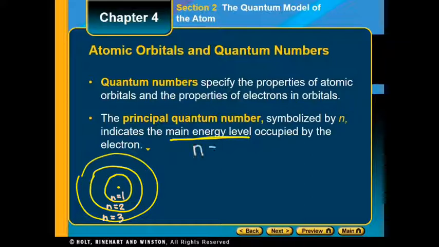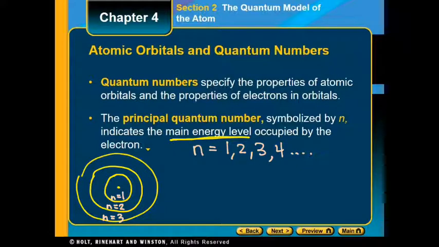So n can be a whole number starting with 1, 2, 3, 4, and so on. The lowest energy level and the lowest amount of energy associated with it is that energy level 1, located closest to the nucleus. And electrons want to be as close to the nucleus as they can, in the lowest energy state that is available to them.